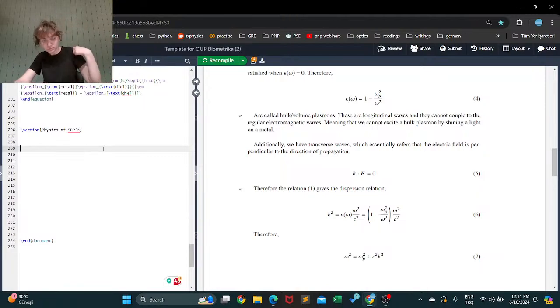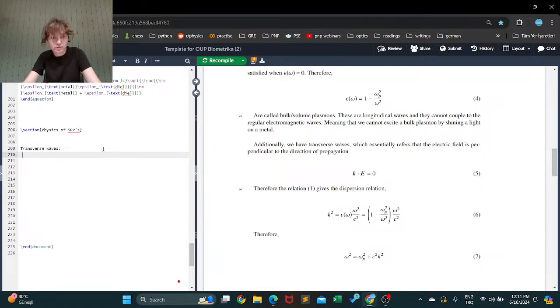Transfer things, let's say. How do I? Do we have dot products or something like that?